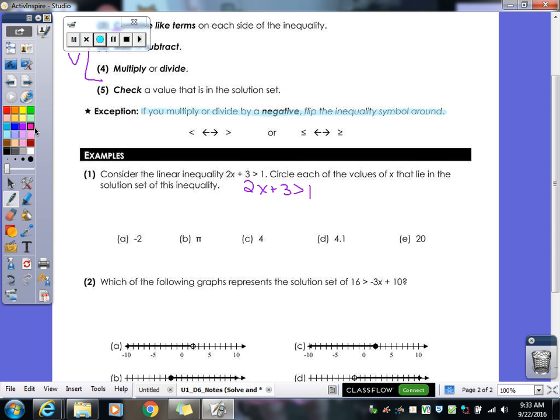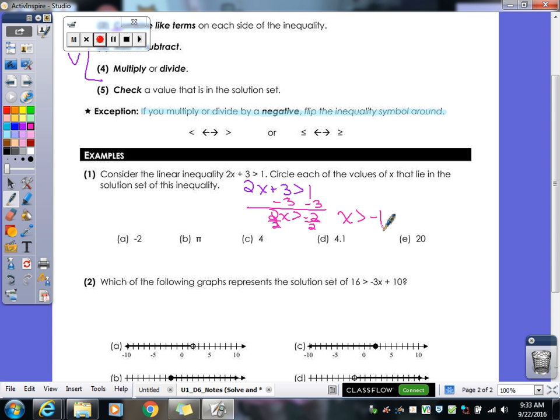So now I'm working on getting my variable by itself. I'm going to subtract my 3 first. So I get 2x is greater than -2. And then what's my last step? Divide by 2. So I get x is greater than -1.